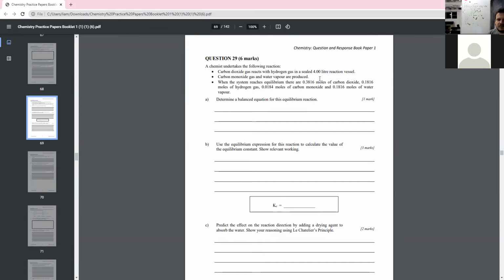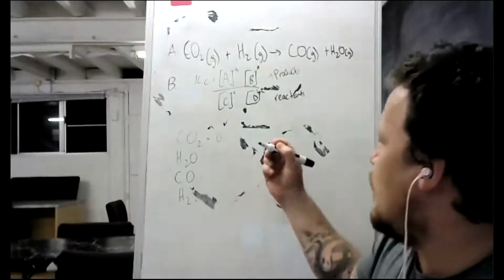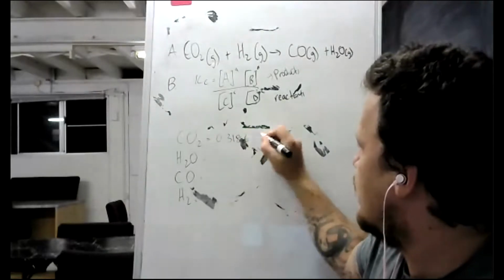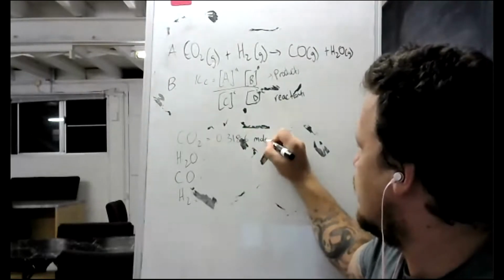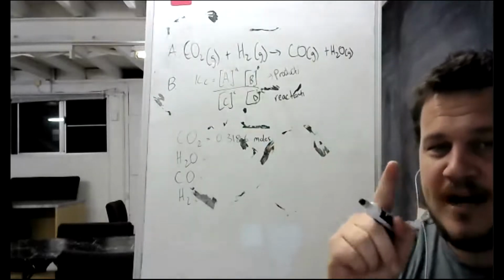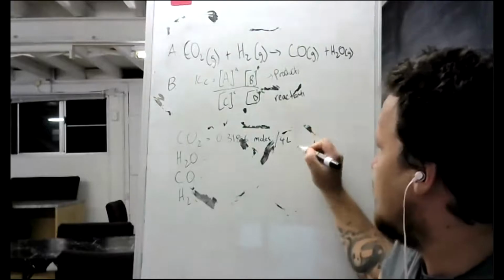So CO2 is, what do we got? I'll just do this so you guys can see on my screen. 0.3186 moles. But we have to divide that by 4 liters.